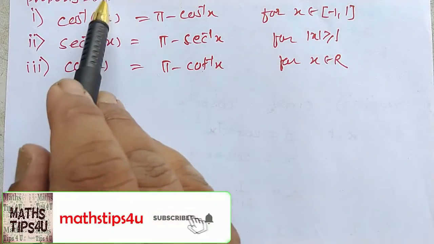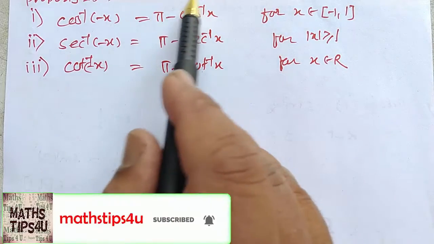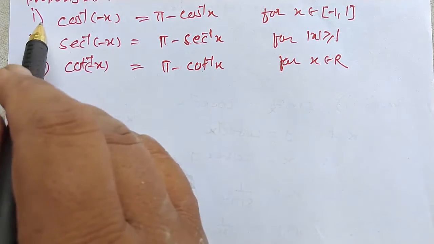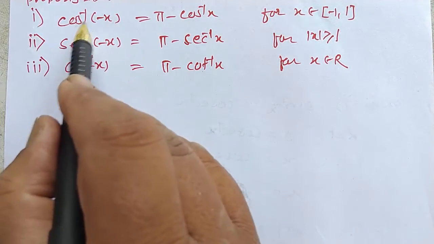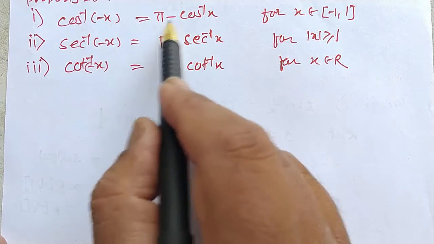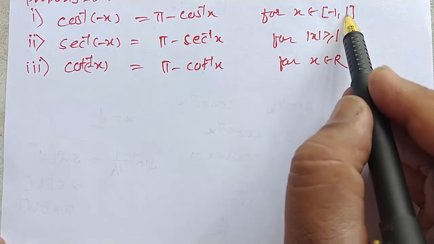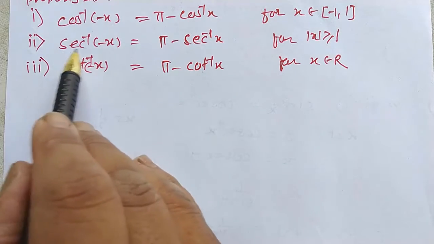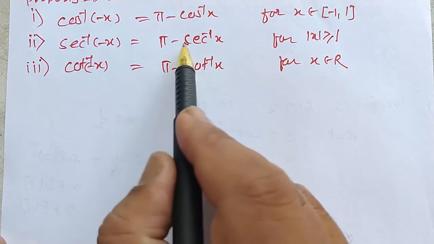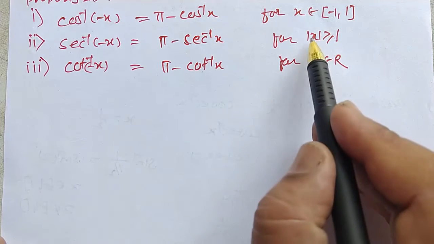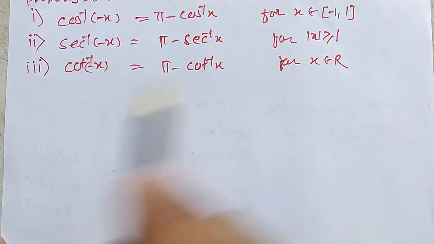Property second, part B of negative numbers. Number 1, cos inverse of minus x is equal to pi minus cos inverse x for x belongs to the closed interval minus 1 to 1. Number 2, sec inverse of minus x is equal to pi minus sec inverse x for modulus of x greater than or equal to 1.